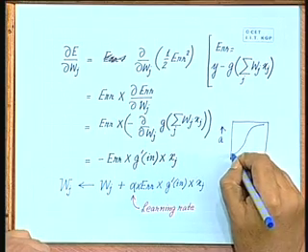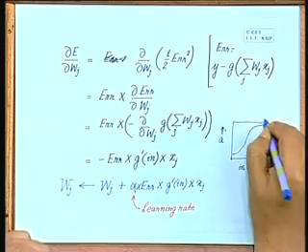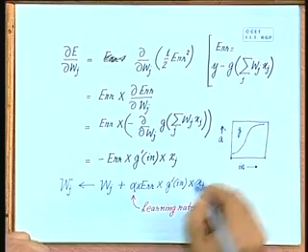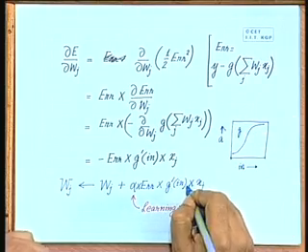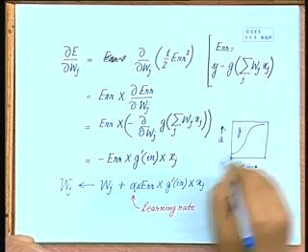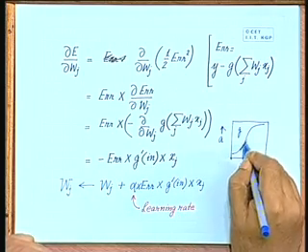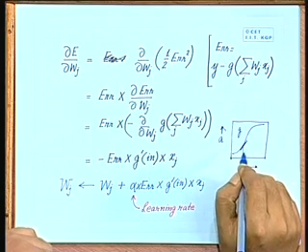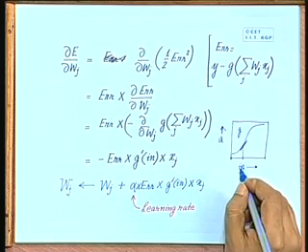This is our function G. If we compute the derivative of this at any given input point, it is the slope at that point, right.